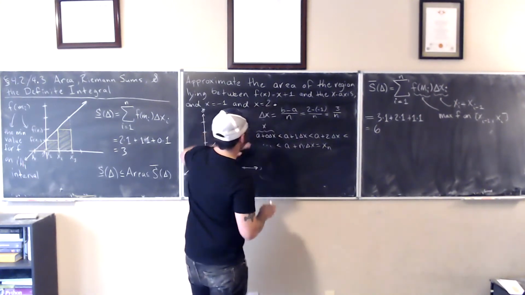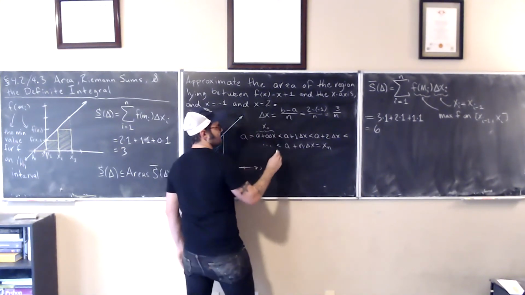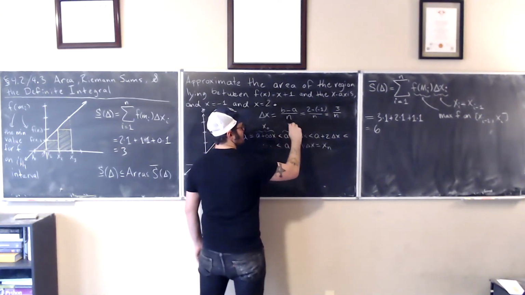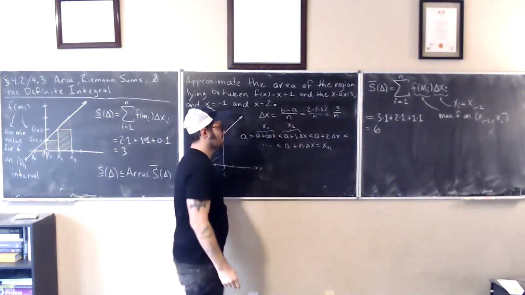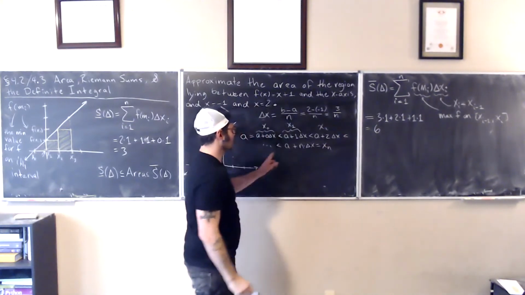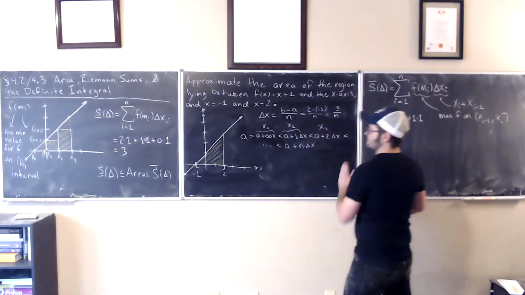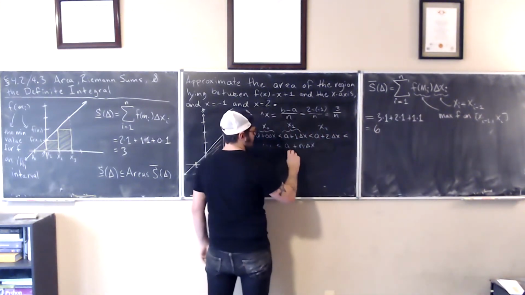Maybe I'll write it like this. This is x naught, which notice is the same thing as a. And this is x1. This would be x2. Dot, dot, dot. This would be xn.